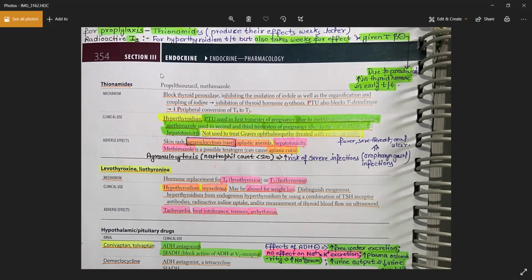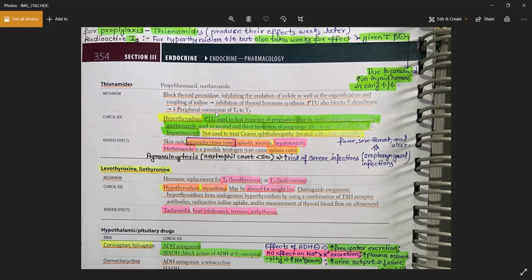So for any pregnant female, you always give propylthiouracil in the first trimester. But because it is very hepatotoxic, you cannot give it for a much longer duration. So just after the first trimester, you stop PTU and switch the patient to methimazole. This is to prevent the hepatotoxicity.